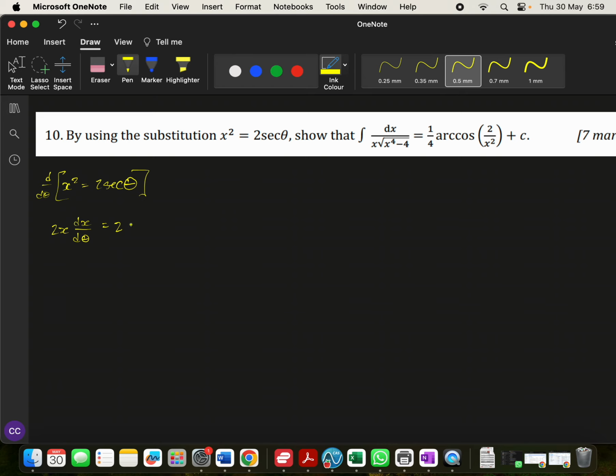So that's going to be 2 secant theta tangent theta. Again, we're going to want to know what dx is.